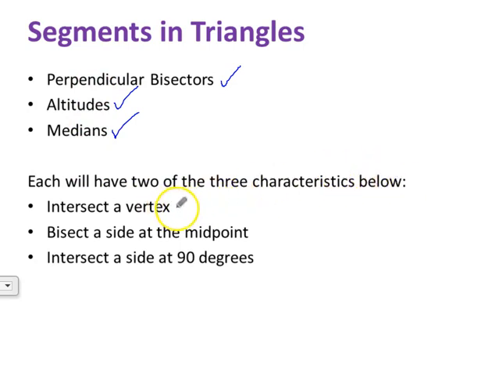They're either going to intersect at a vertex, they're going to bisect a side at a midpoint, there's that term bisect, or intersect the side at 90 degrees. So go ahead and open that graphic organizer so that you're ready to take notes and write down each of the characteristics for each of the special segments in the triangle as I go over them. So this is just to get you prepared to take good notes as you go through this recording this week.